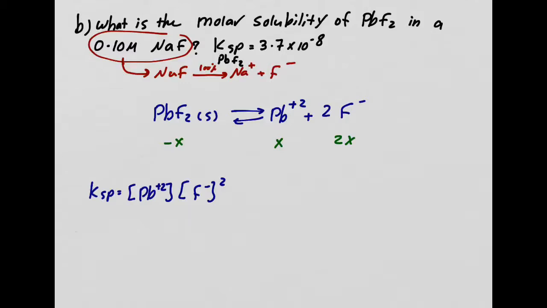There's no equilibrium. So if I have 0.1 molar of sodium fluoride, it would completely dissociate. I end up with 0.10 molar sodium plus and 0.10 molar fluoride minus. Okay, it would completely dissociate, and I would end up having those together.